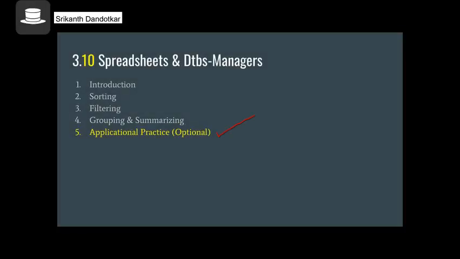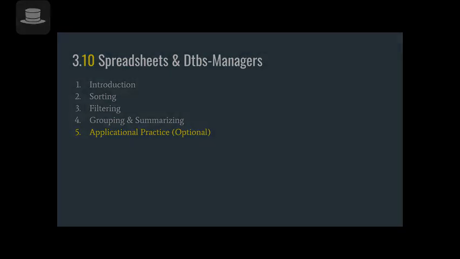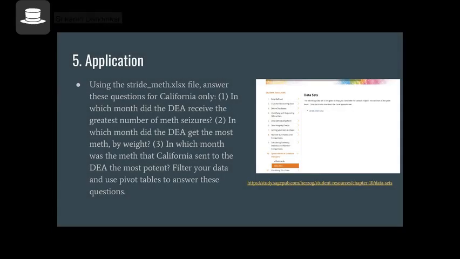Okay, let's move on to the application practice exercise, which is optional. The applicational practice optional exercise is specific to the stride math data file that we used in the previous section when we talked about grouping and summarizing.